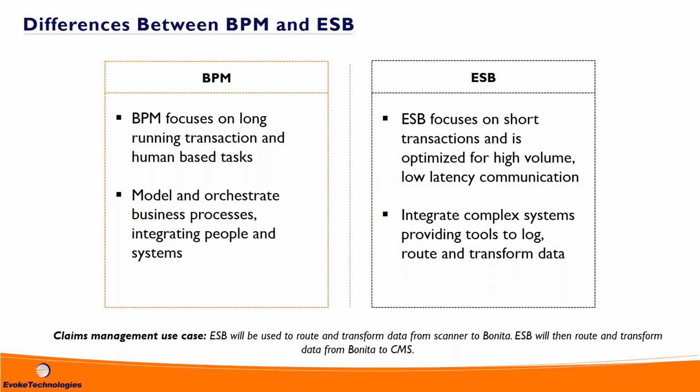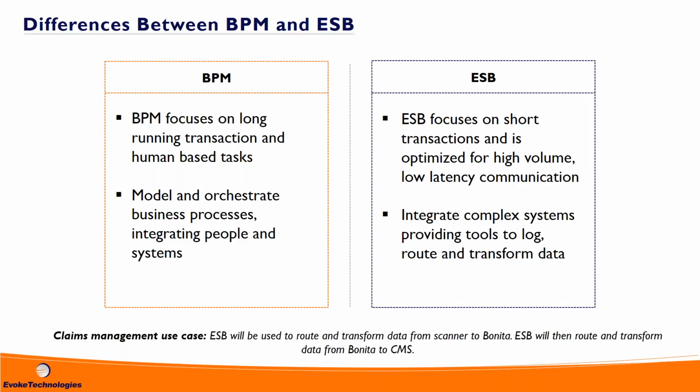Now, to clarify a little bit, because we are using these terms heavily in this presentation, BPM is more of a human-task-oriented platform that runs the human kinds of transactions and enables that part of the flows. It orchestrates various business processes. That's the primary goal of any BPM platform.